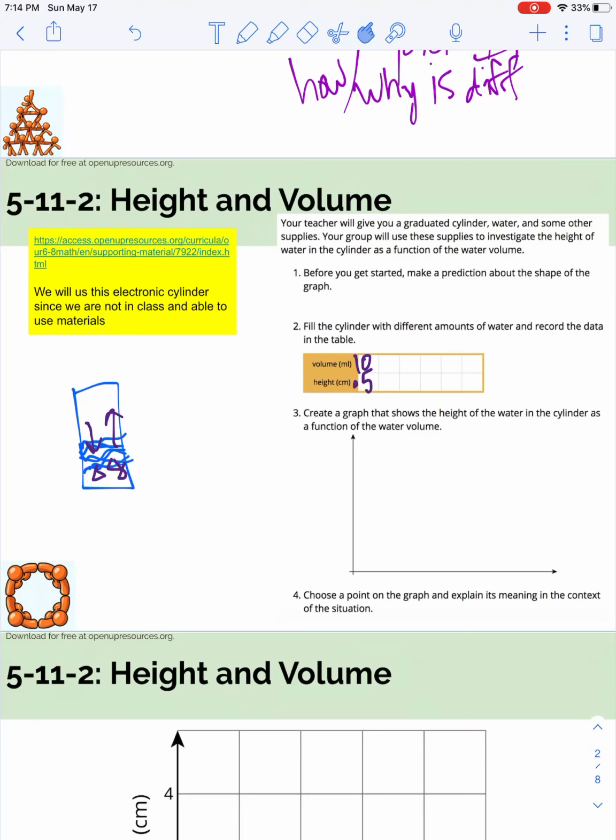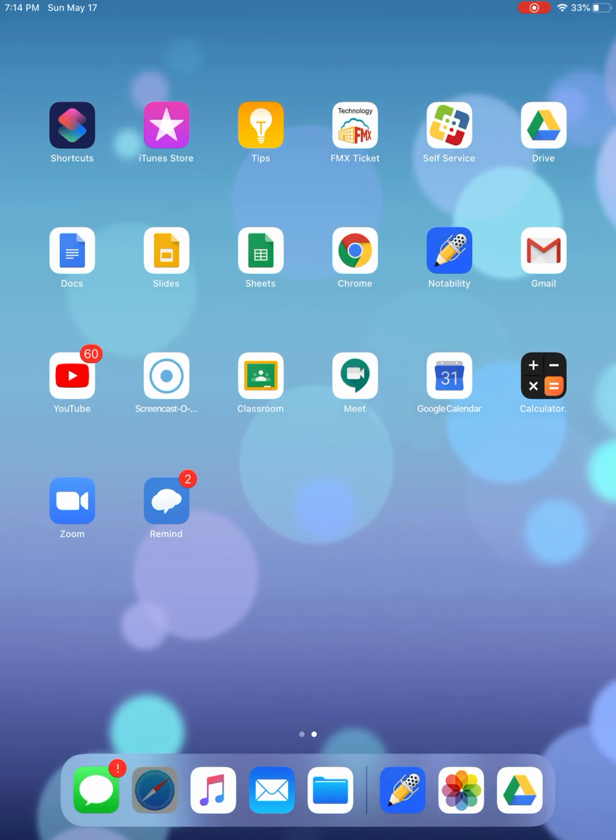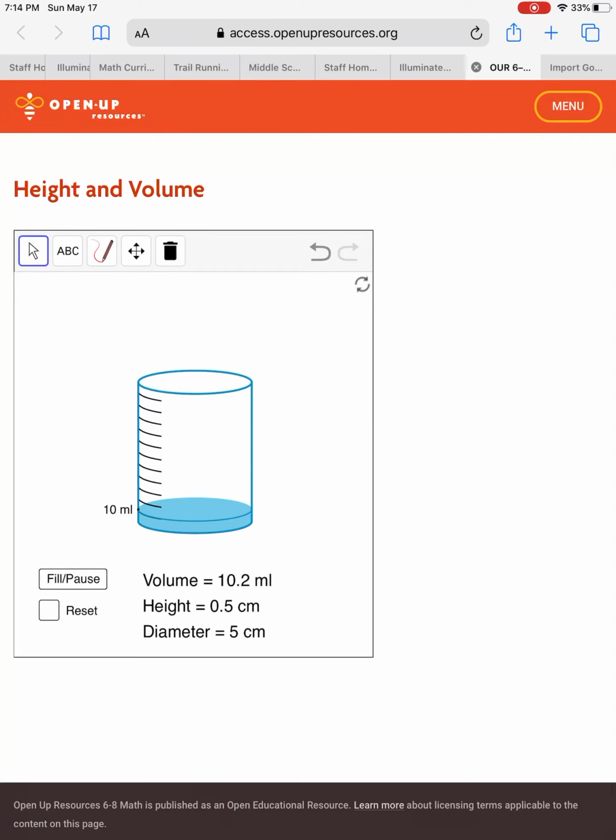Okay, so then we go back to the thing, so let's fill it to maybe 20. Oops. Let's try to fill it just to 20. Darn it.